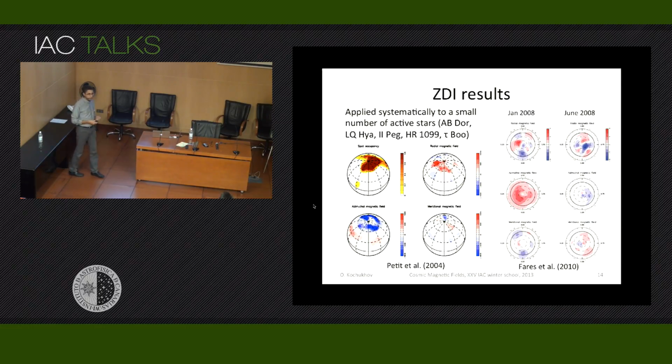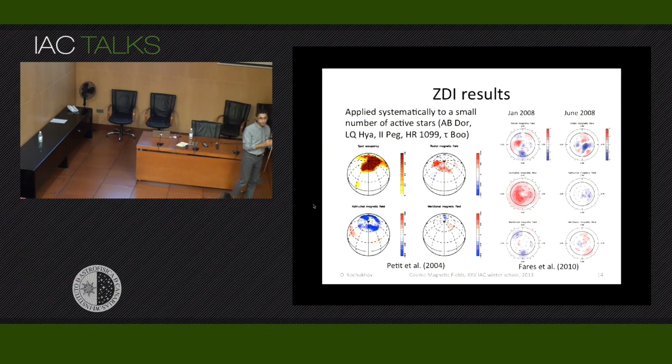And what is really puzzling, and it was discovered as part of these first Doppler imaging studies, is that very often we get a huge azimuthal field. So sometimes magnetic maps are entirely dominated by these rings of azimuthal field. And as you might remember from the previous part, the signature of azimuthal field in Stokes V is quite different from the signature of radial and meridional field.